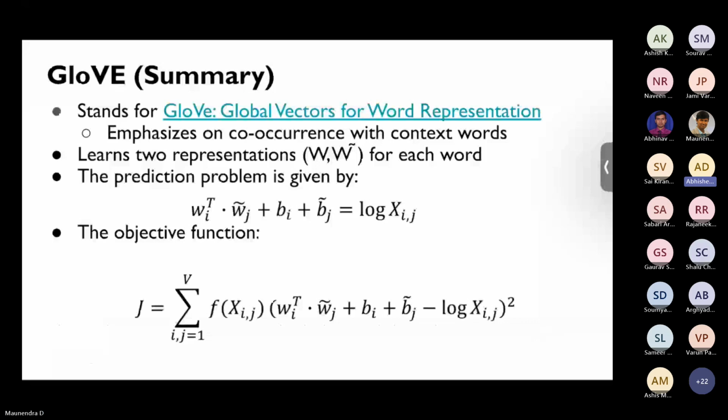Just one last question. You talked about embedding also. Is the input here an embedding, like we had in the earlier case, or is it just the co-occurrence probability Xij? So Xij is a matrix, which is the co-occurrence, and each of these Wi, Wj, Bi, Bj are column vectors, and they are initialized with random seeds.